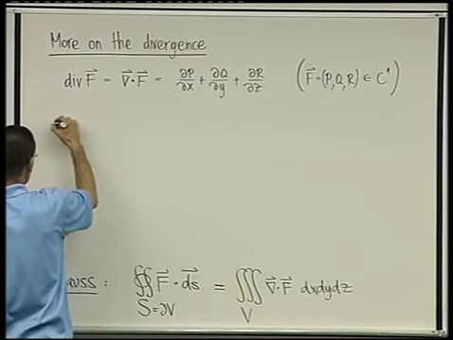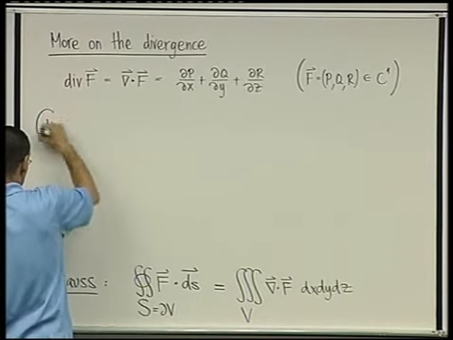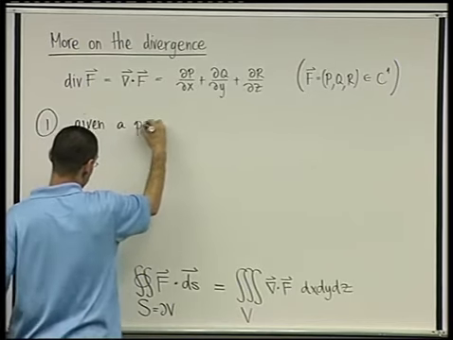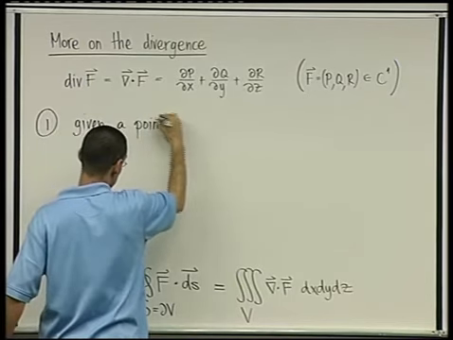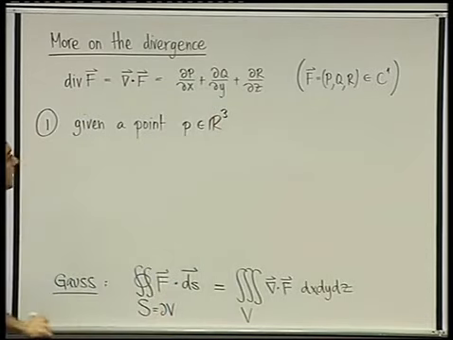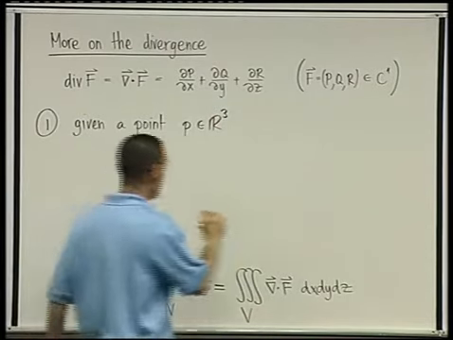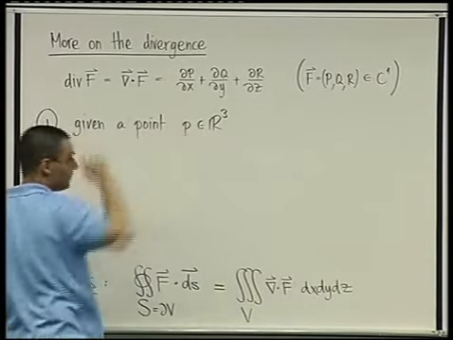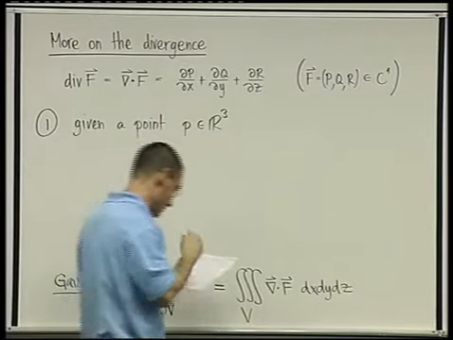So this is going to be remark 1. Given a point P, some point in three-dimensional space, I want to define the divergence at the point P. And the way I'm going to do it is the following.